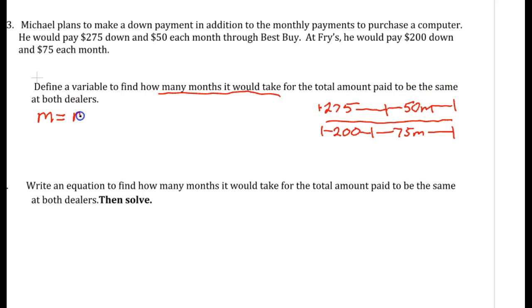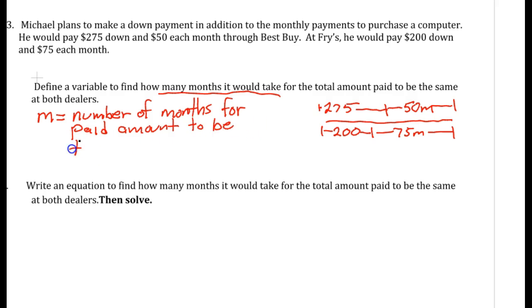You can basically copy it down: number of months for paid amount to be the same. I just took this whole sentence and wrote it down for my variable.